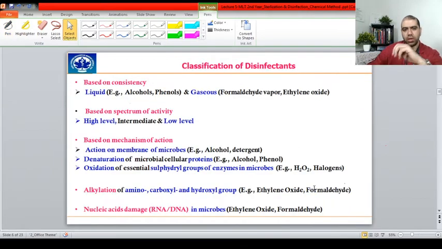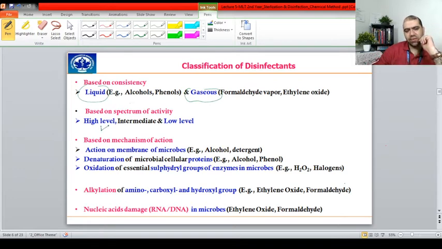Now the classification of disinfectants is based on whether they are liquids or gases in nature. They are also classified based on their spectrum of activity.